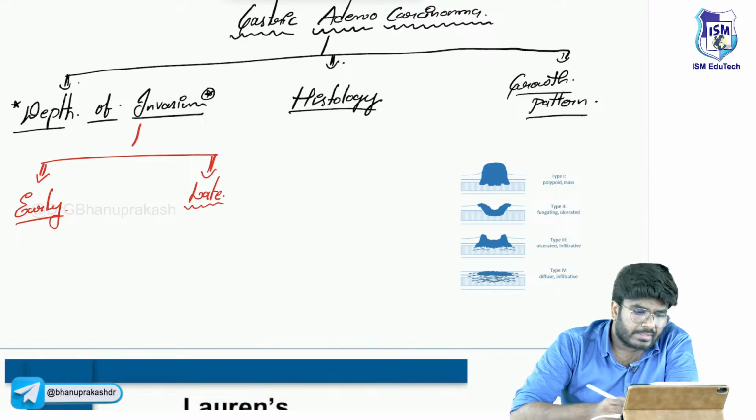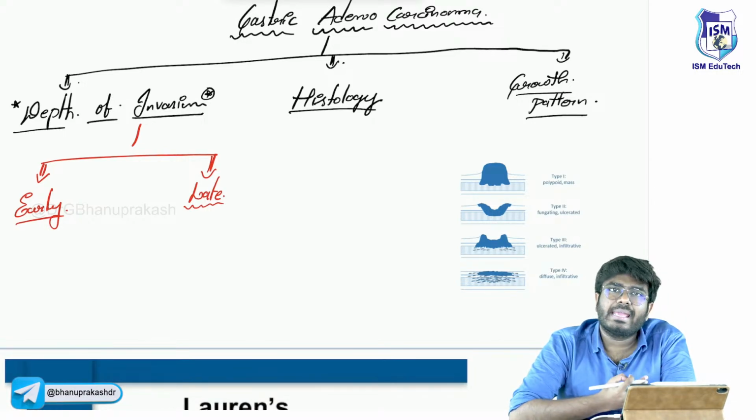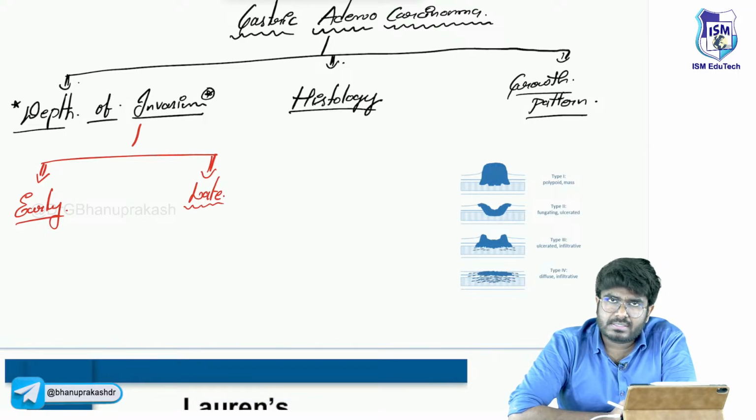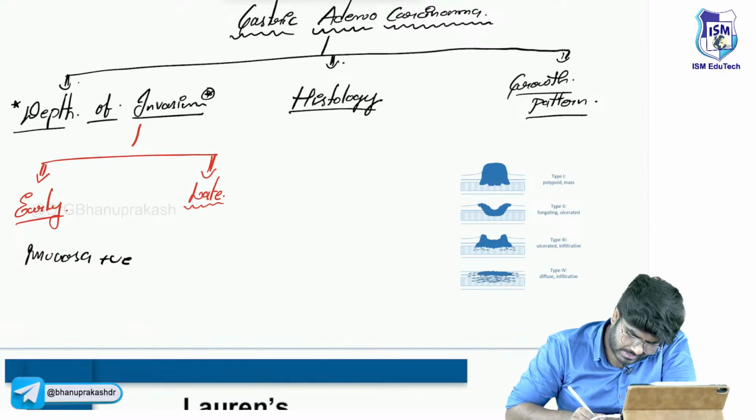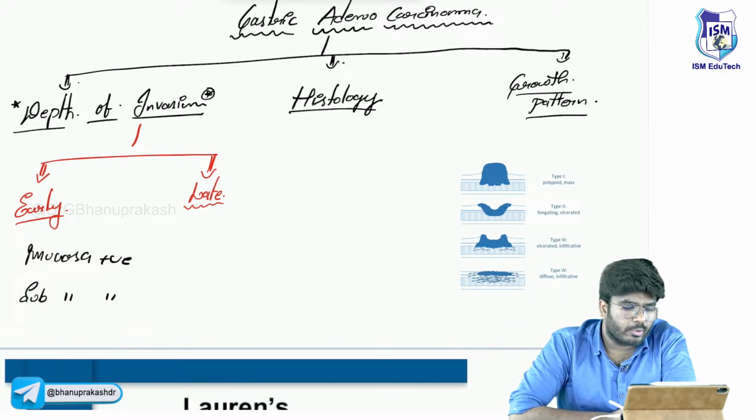In early gastric adenocarcinoma, the involvement of the cancer is limited to the mucosa and submucosa. Mucosal involvement and submucosal involvement are positive. The mucosal and submucosal layers of the stomach are affected.